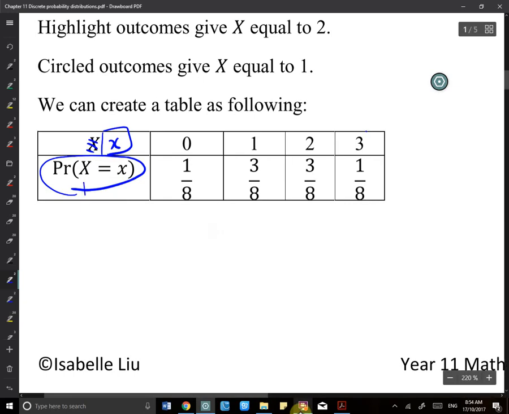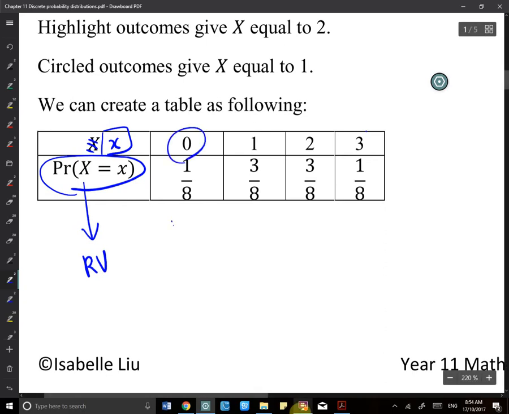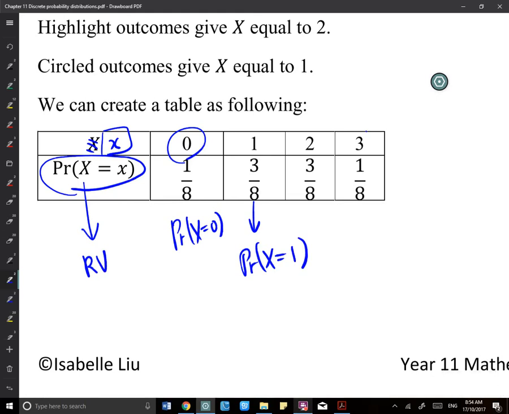Capital X means a random variable. That means the probability of that random variable equals a particular value. In this box, that means the probability X equals 0. In that one, it is the probability capital X equals 1. So it is the random variable equals a particular value.